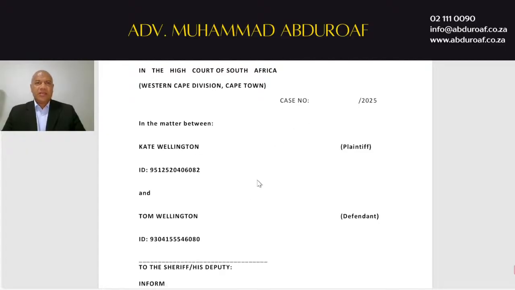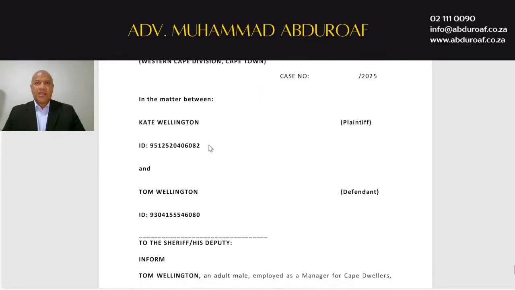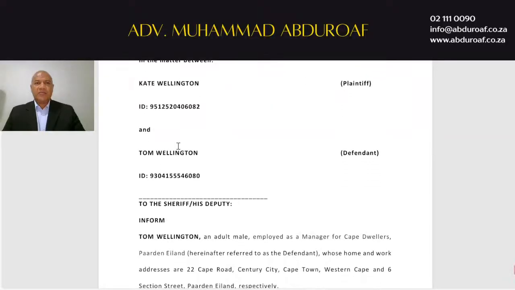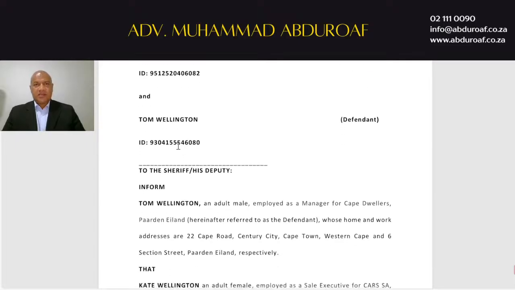You will see there's a case number and the names of the parties, in this case Kate Wellington, the plaintiff. She is instituting the divorce proceedings, and her husband Tom Wellington, the defendant. Hopefully he will not be defending it, but he is the other side to this specific divorce.